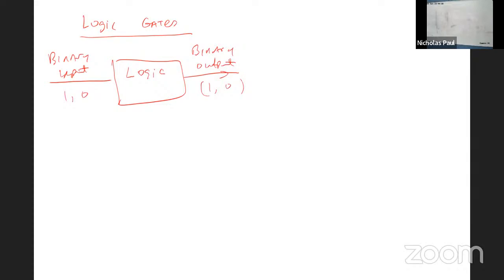So when your binary input goes in, you'll get a binary output. There are some logic gates that we have to learn. I'm going to draw all of them for you. Number 1, NOT gate.